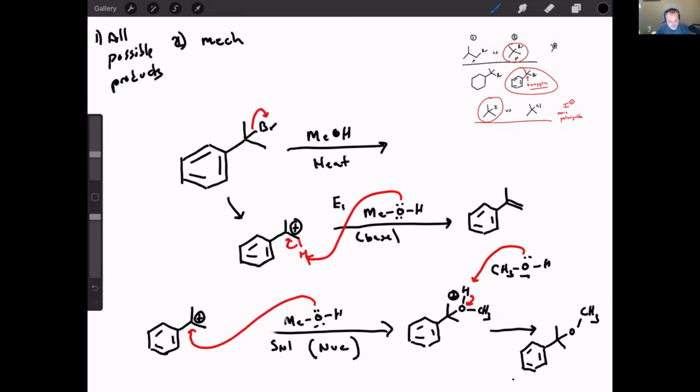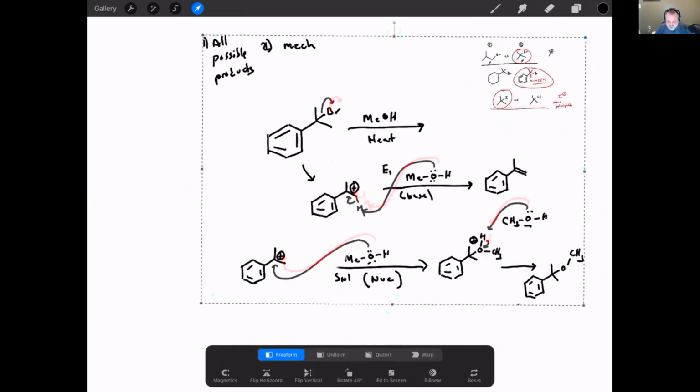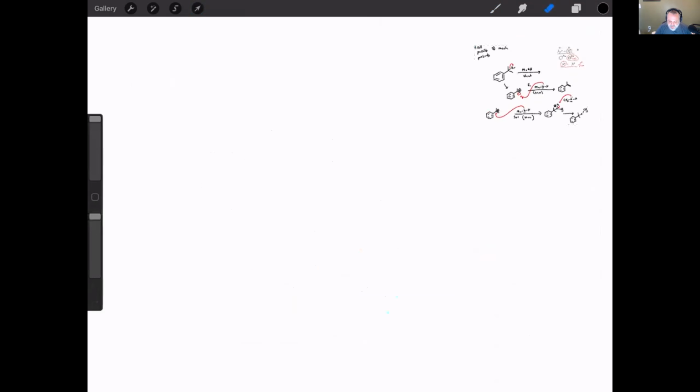All right, so let me stop there, make sure that everybody's got that, see if there are any questions about that. In this case, the heat does lead to both of the products, not just the one. Okay, what about the regioselective outcome when we're thinking about an elimination reaction specifically?